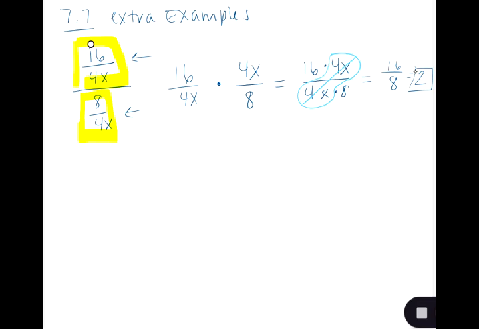So another example is 4 minus 7 over x divided by x plus 5 over 6x, okay?